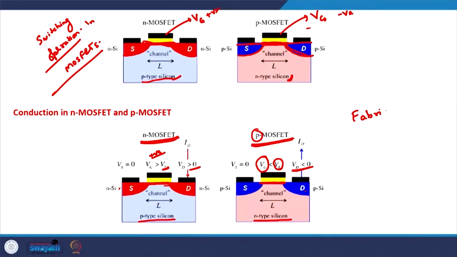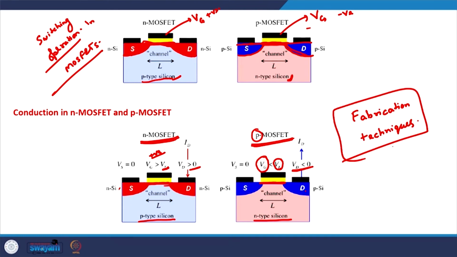That is like homework reading for you. We will discuss more about the theory of conventional MOSFETs, and once we understand the conventional MOSFETs, then we will see how things are different in ballistic MOSFET or in modern day nanoscale MOSFETs.